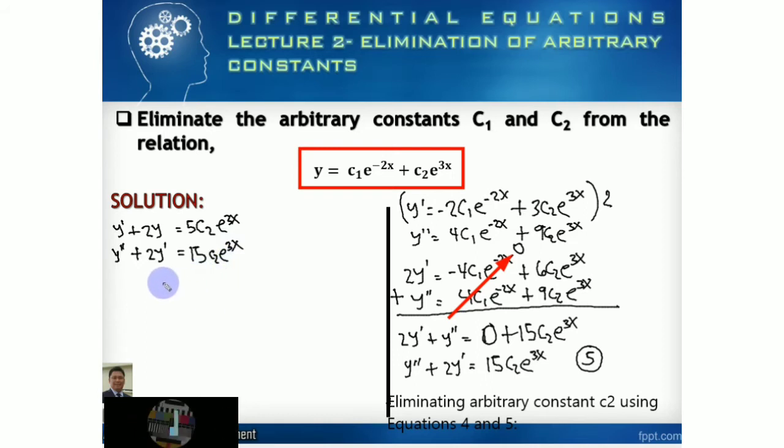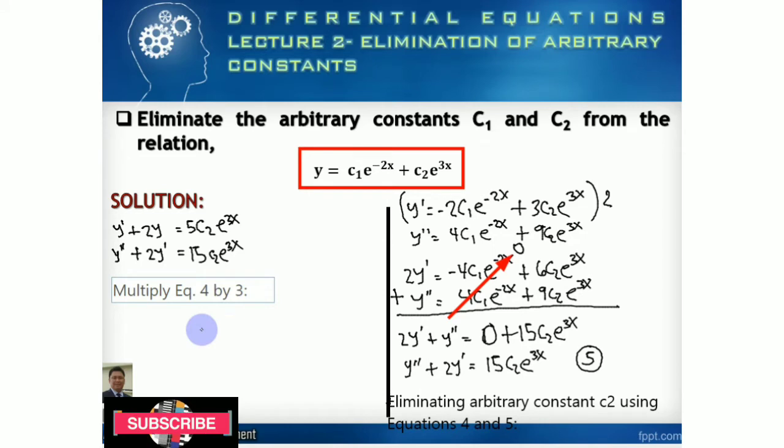From here you can see that in order to eliminate the arbitrary constant C2, we are going to multiply equation 4 by 3, so that it could result to 15.